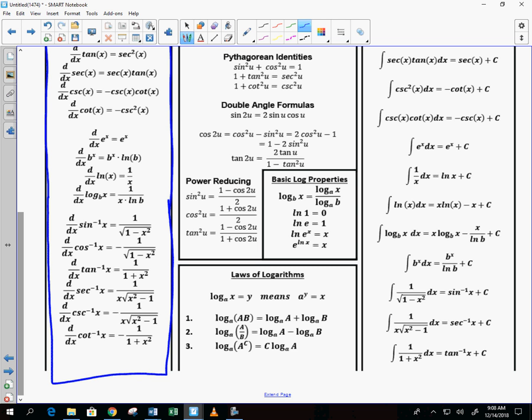That list of derivatives, you should know them all. So this really is your final exam. You've got to be able to take the derivative of anything that you see. And limits. Derivatives and limits. Yep, that's it.